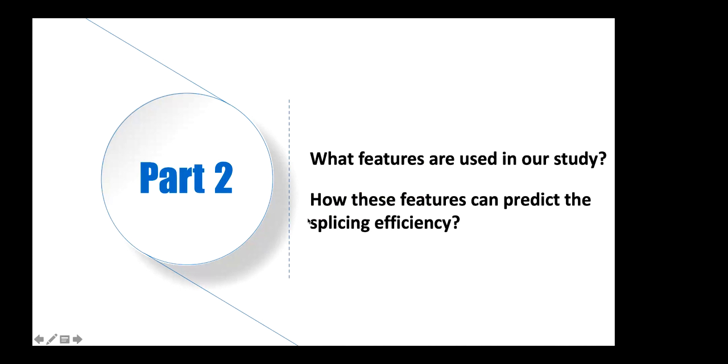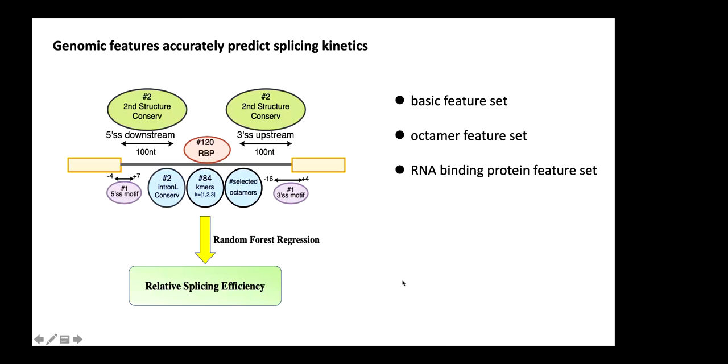Next, I will tell you what features are used in our study and how these features can predict the splicing efficiency. This picture shows features used in our study, and these features can be divided into three groups.